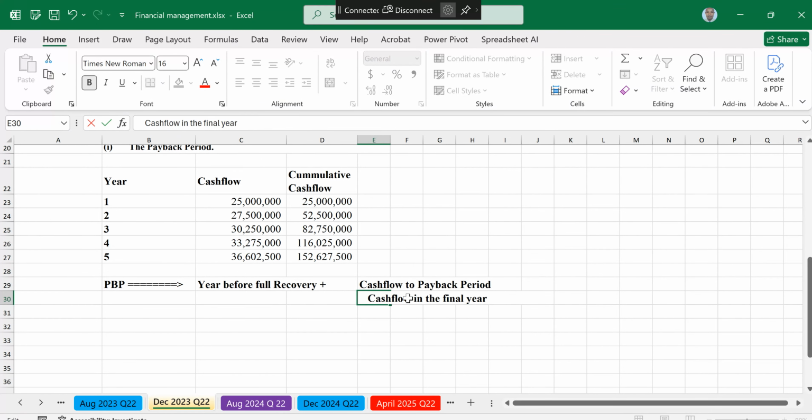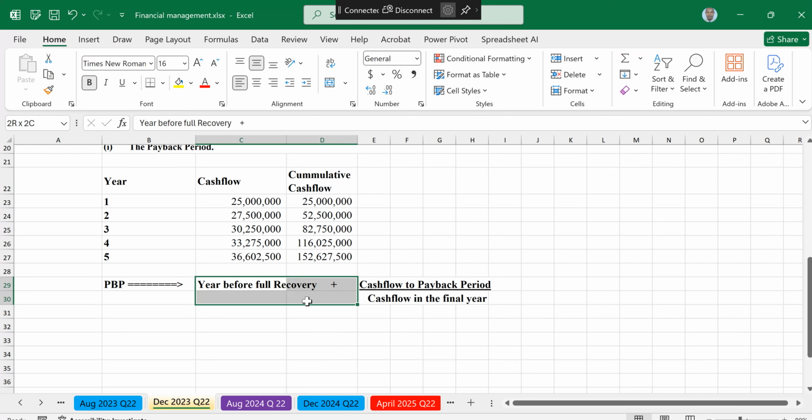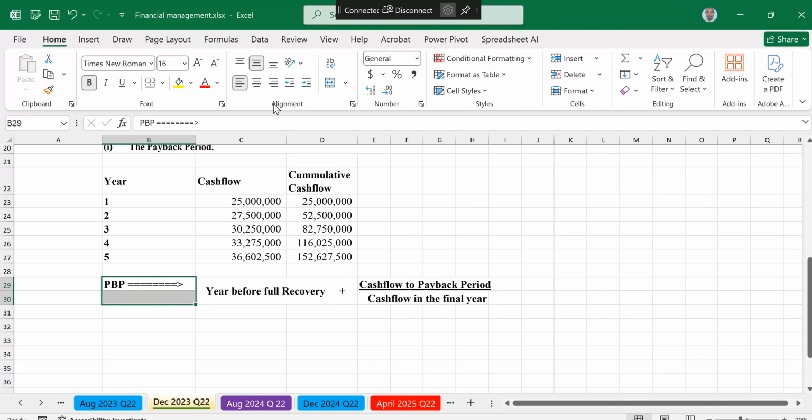So that is the formula. If there's any error, it can be corrected, but I believe that is the formula that we use to get the payback period. So year before full recovery plus cash flow to payback period over cash flow in the final year.